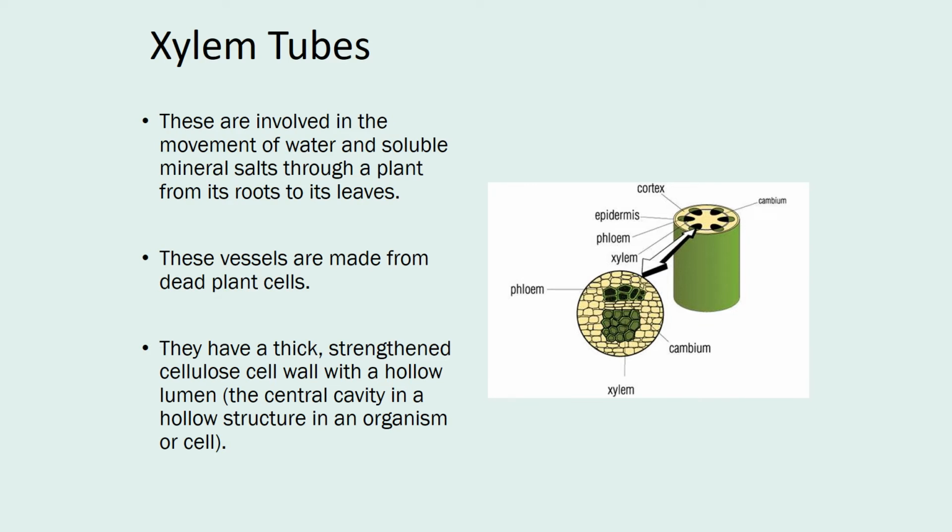So because they're dead, it means they haven't got a nucleus, and the cells are strengthened with extra cellulose so that they can form these strong tubes that have a hollow bit in the middle, which is the lumen, and that's really important in transporting water around.